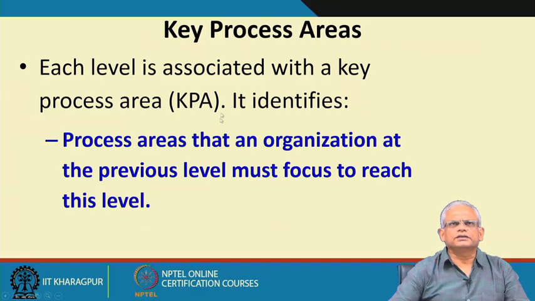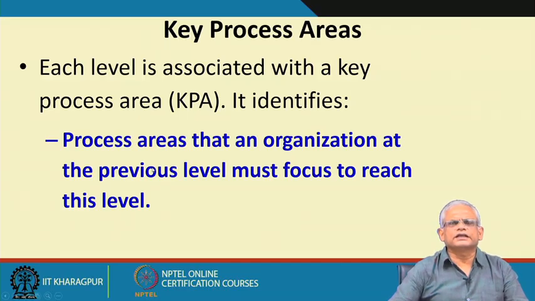The KPA is an important aspect of the CMM model. An organization assessed at a certain level can go to the next level if it satisfies some key process areas.